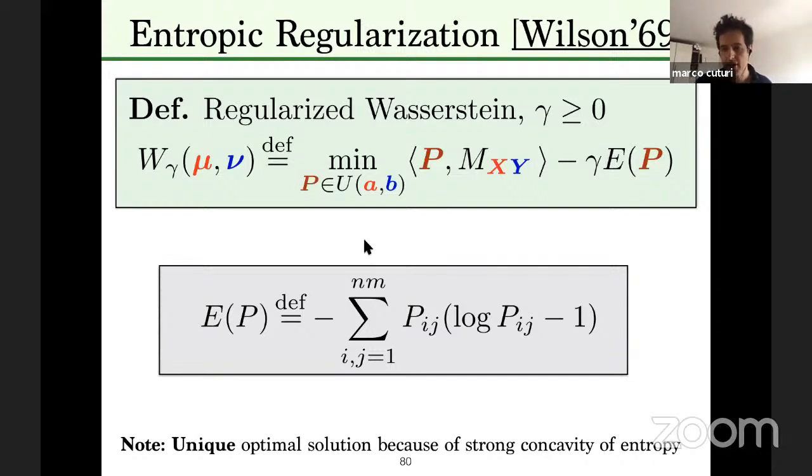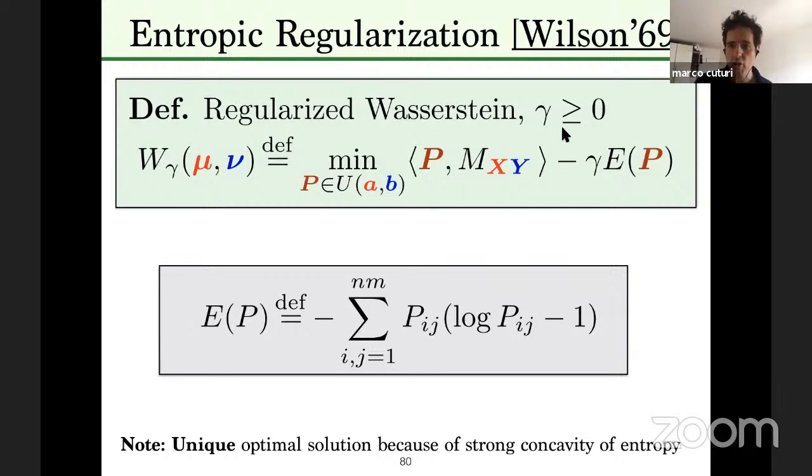Remember that P here is a matrix that sums to a in the rows and sums to b in the columns, which means that it sums to 1 overall. So it's a probability distribution, it's a coupling. So you can define its Shannon entropy. So this is just the entropy. The entropy on the simplex is 1-strongly concave. So if you throw in minus gamma times the entropy of P, you will have a gamma-strongly convex regularizer here.